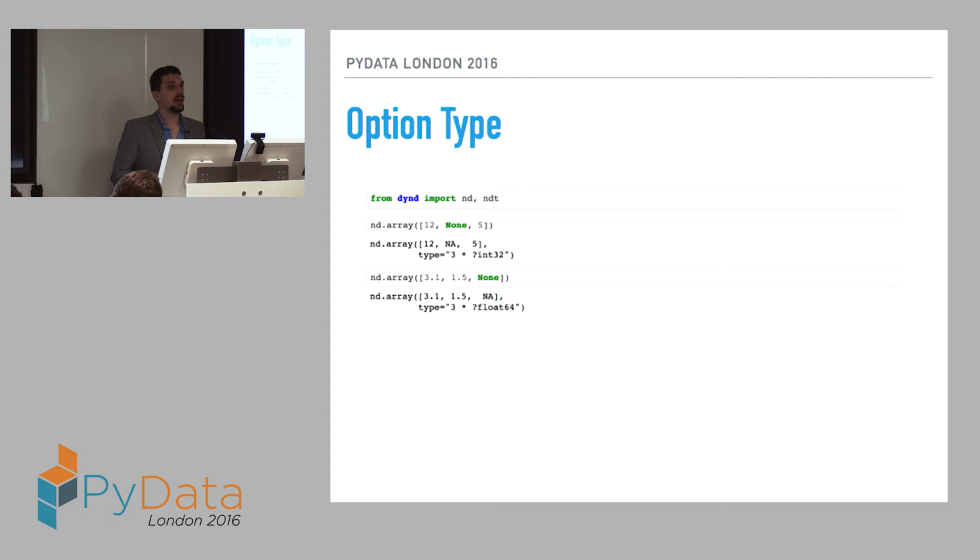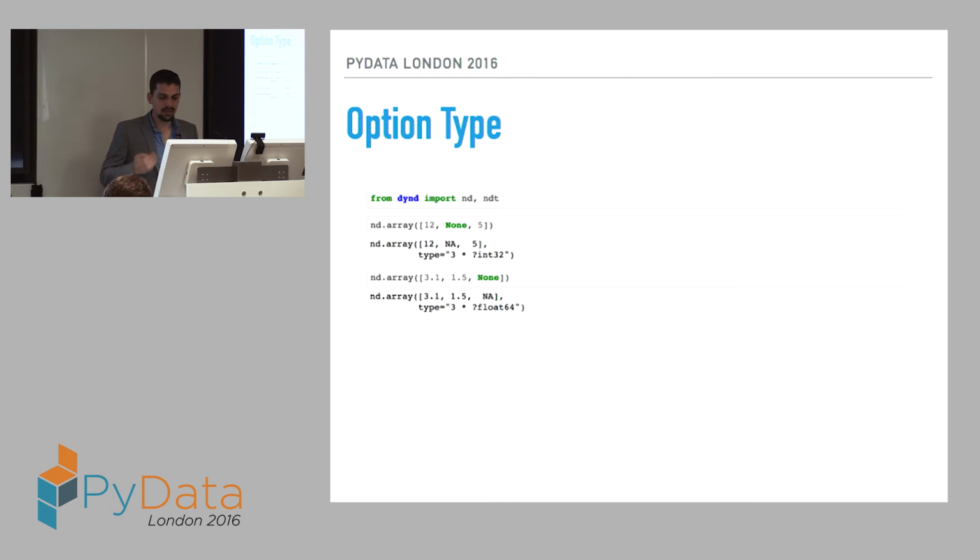And we also have missing data represented using an option type. And so here, we use the question mark in front of the dtype to indicate optionness. And in the first example, I'm creating an array of size 3 and using None to pass. Python indicates missingness using the None value. And DyND understands this as NA, which is the same sort of semantics R uses, if you're familiar with that.